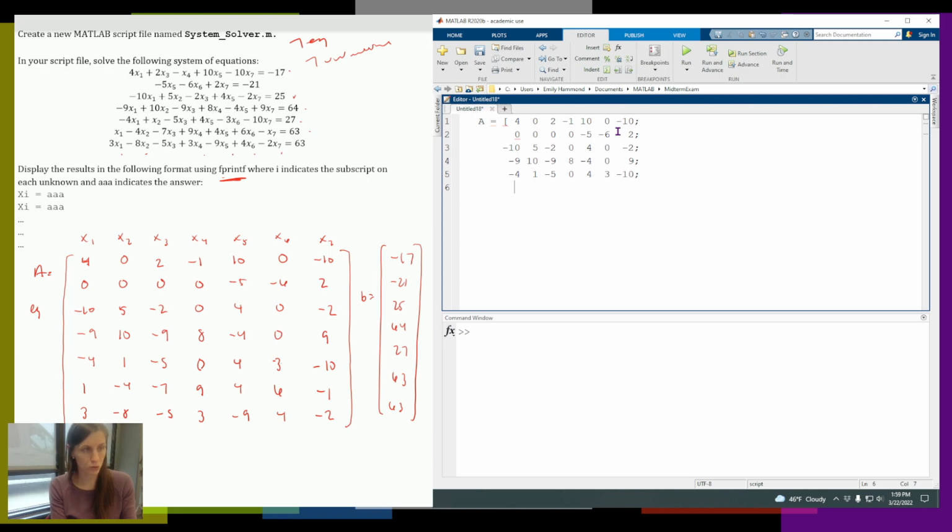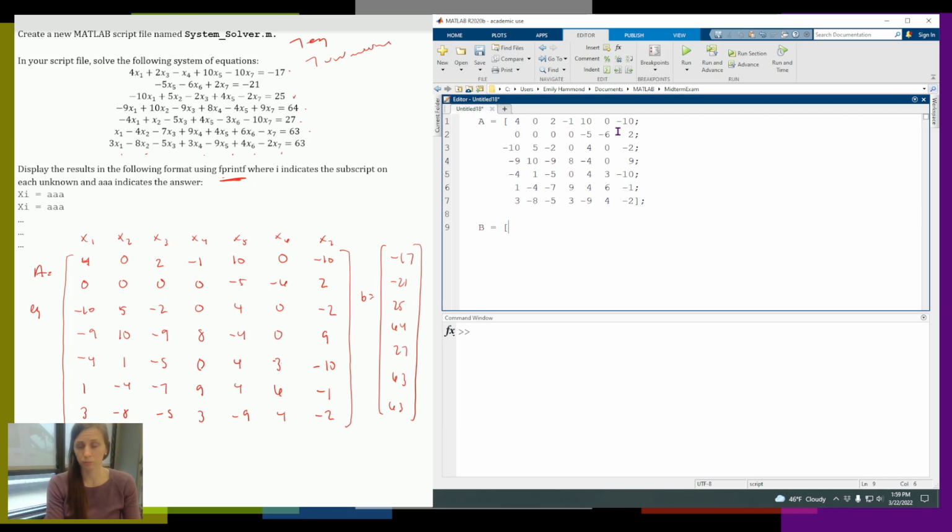Two more rows, or I guess 2 more equations. Last one. 3, 8. And there we go. So there's A. You can go ahead and double check with your equations if you have time. But just type it in.